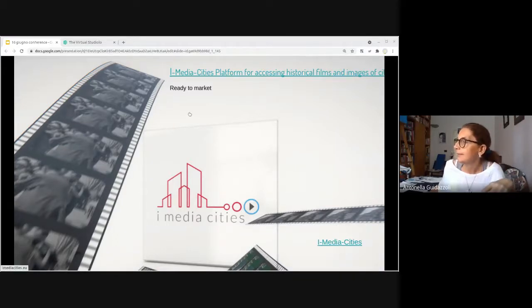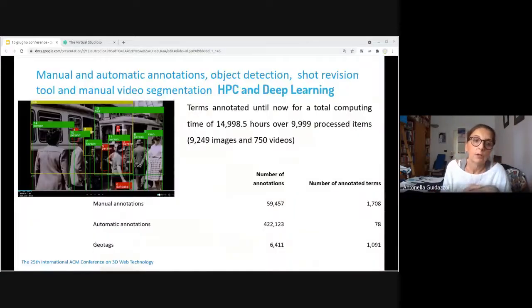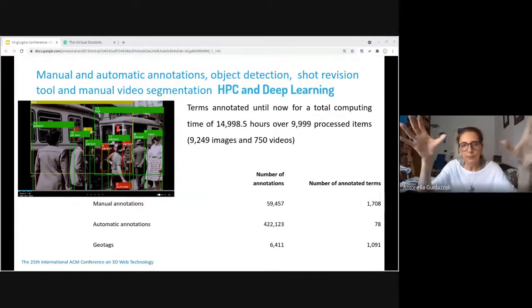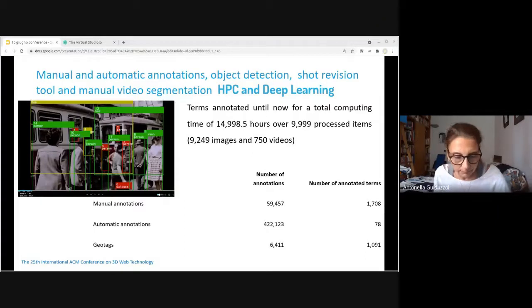So if you want to have a look at this project, it's reachable at imediacity.io. This is the result of a European project in which 9 different movie archives from 9 different cities, Bologna, Barcelona, Stockholm, put in this platform all their photos and materials.